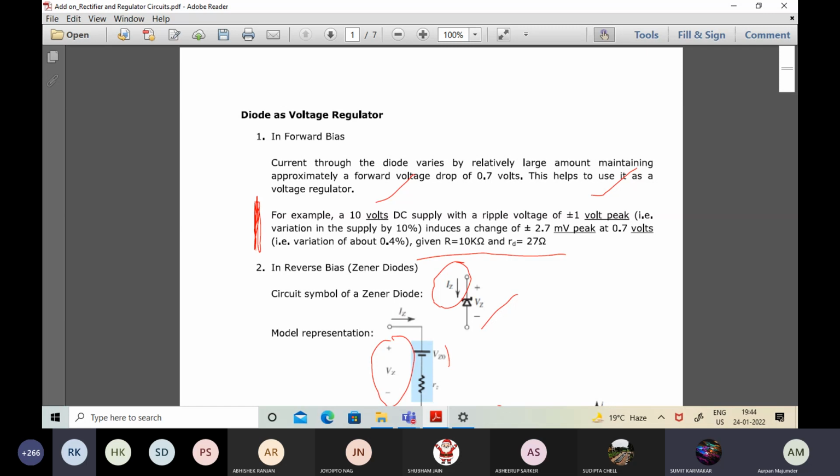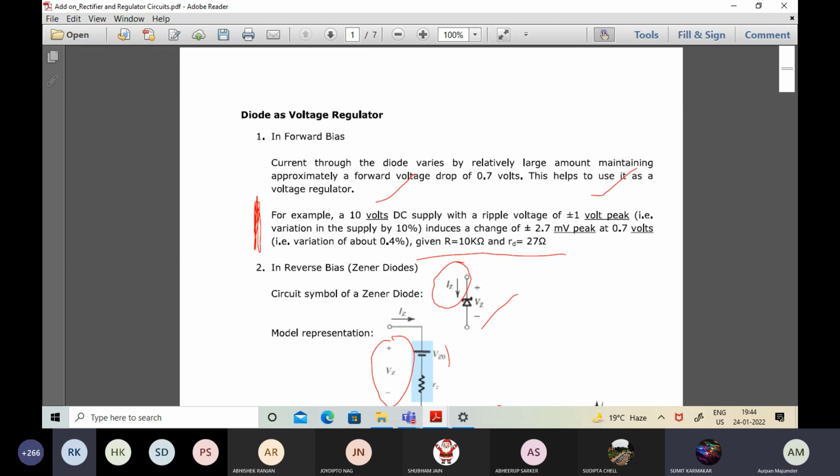R is the source resistance, driven from the source which is a 10 volt DC supply with ripple plus minus 1 volt, and RD is the dynamic resistance of the forward bias diode, which is in series with the source resistance.